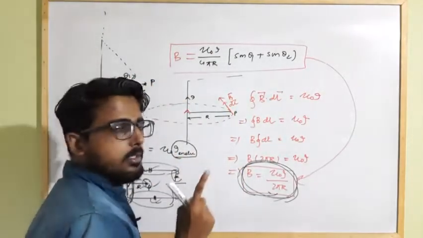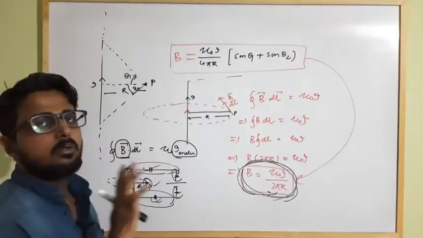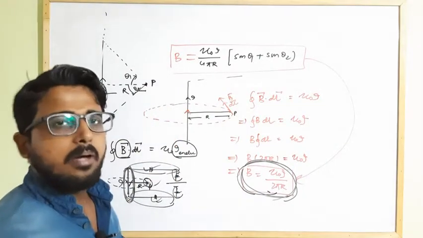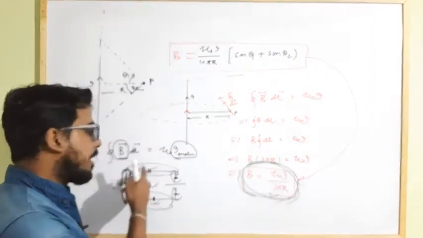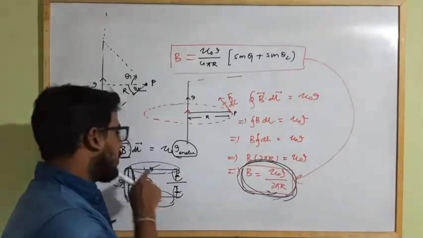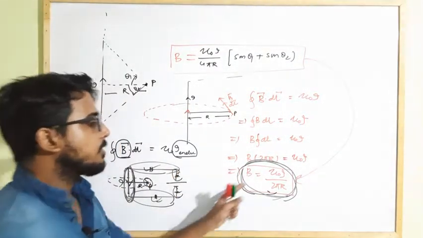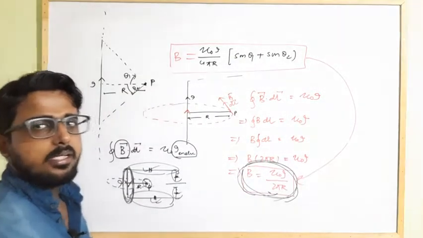But in Ampere's circuital law, the magnetic field strength obtained is because of all the current carrying segments present over there. Clear? In case of infinite, the other segments are at infinity, so they have very negligible impact. But in case of finite, as they are of finite length, they have considerable impact on that point. That's why Ampere's circuital law is not applied in case of finite current carrying conductors.